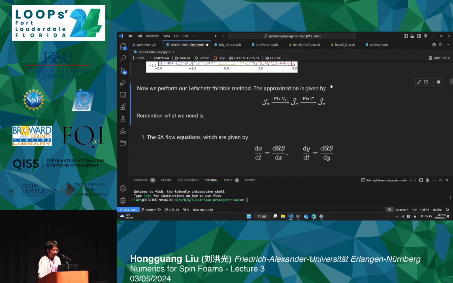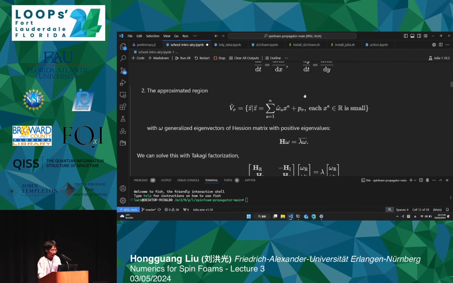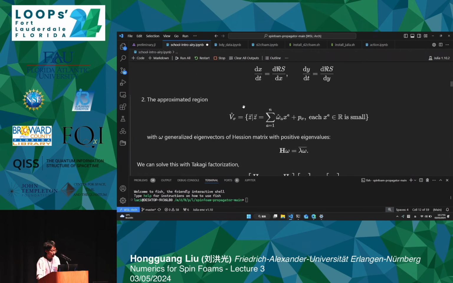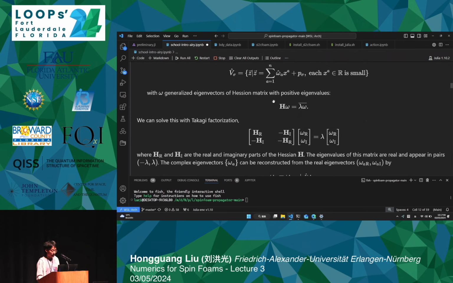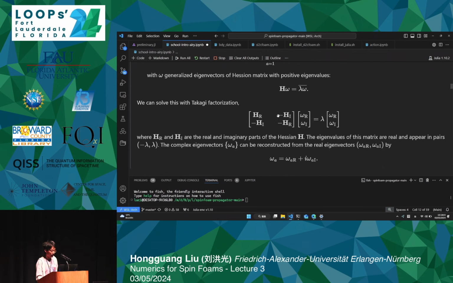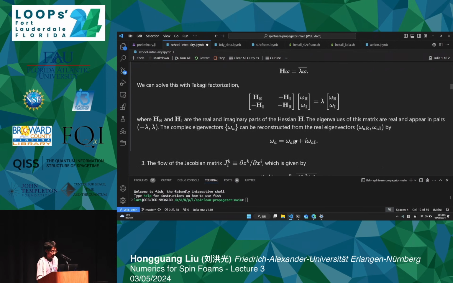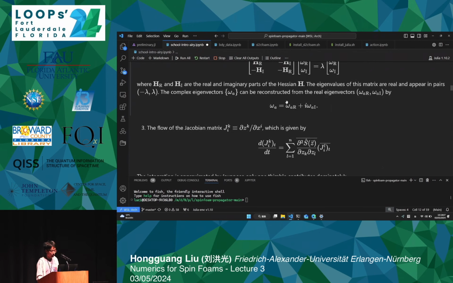Last time we already discussed how to find this region around the critical point. We use the Hessian matrix, and this region is given by the eigenvalues of the Hessian matrix. You do it with the Takagi factorization, and we only consider the eigenvectors with real eigenvalues.